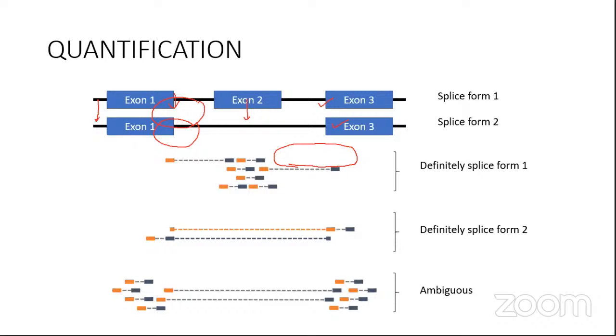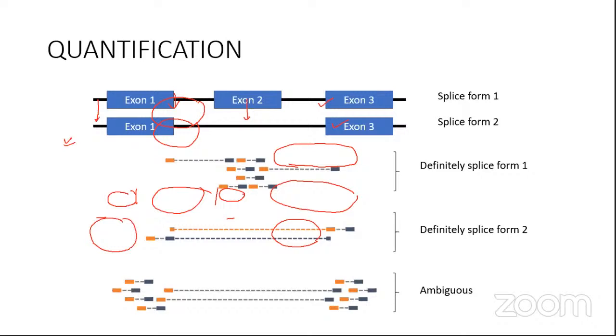If my reads are like this, I have ambiguous data. I can't say whether my splice form 2 is there or not. But if we don't have reads over exon 2, then definitely this splice form is there, because exon 2 is not there. This is how we are aligning the reads.